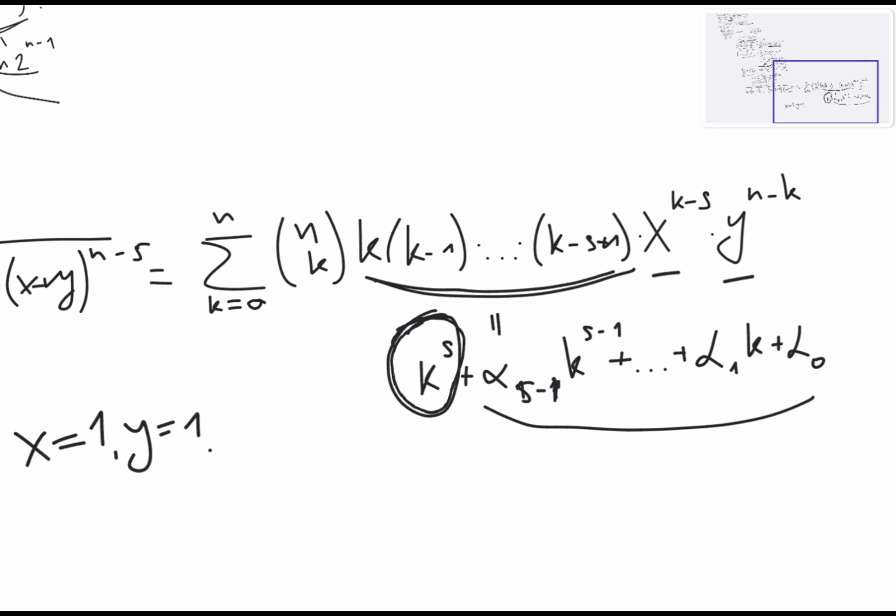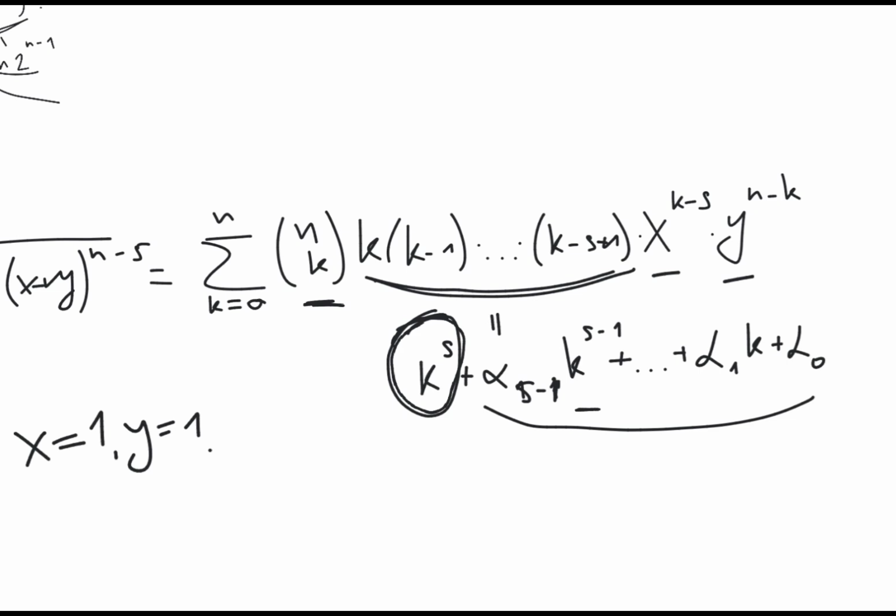The sum for k to the power s is the one we would need to calculate. So k to the power s multiplied by the binomial coefficient, and all previous sums are already calculated on the previous steps. So the sum of k to the power s minus 1 is already calculated, and so on.